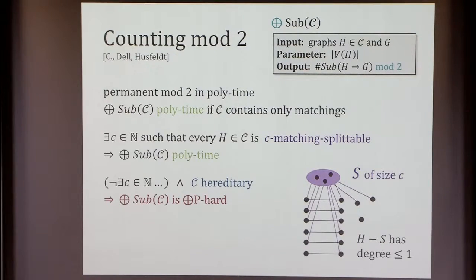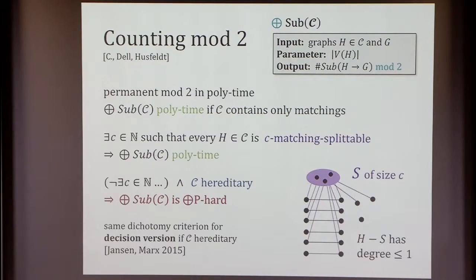One interesting thing to note about this is that the very same dichotomy criterion applies for the decision version of deciding whether a graph contains a subgraph from a class, assuming that C is a hereditary class. Bart Jansen and Daniel Marx have shown that exactly this criterion classifies the easy and hard cases for deciding the existence of a subgraph.